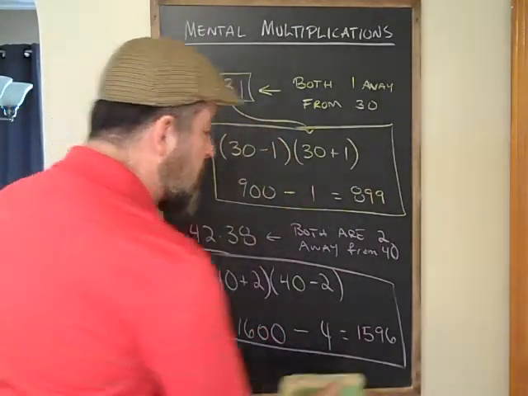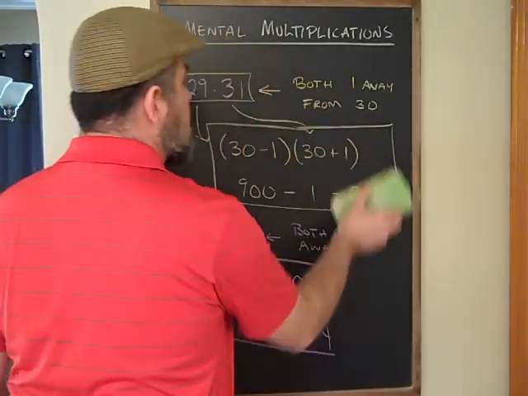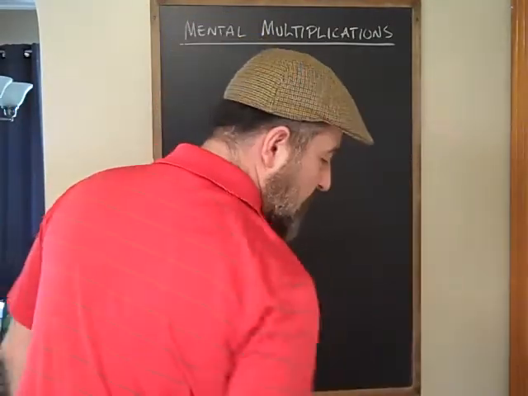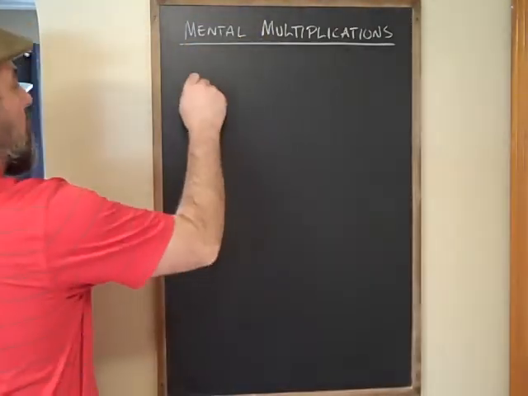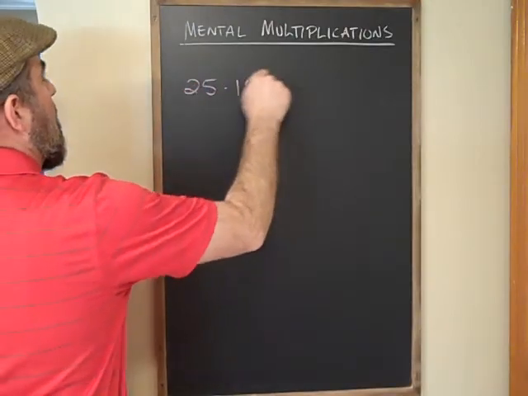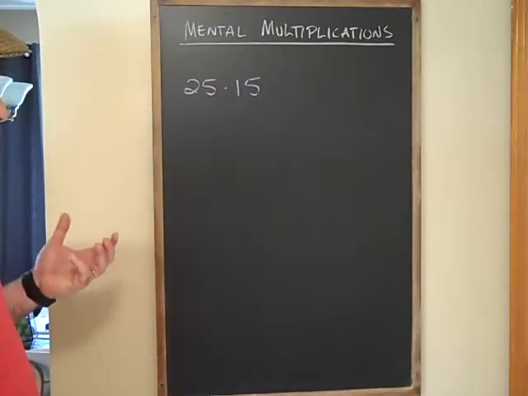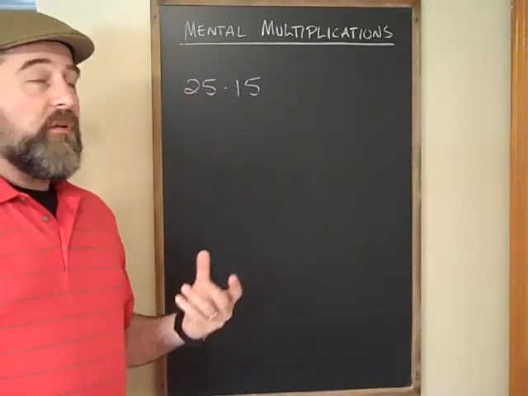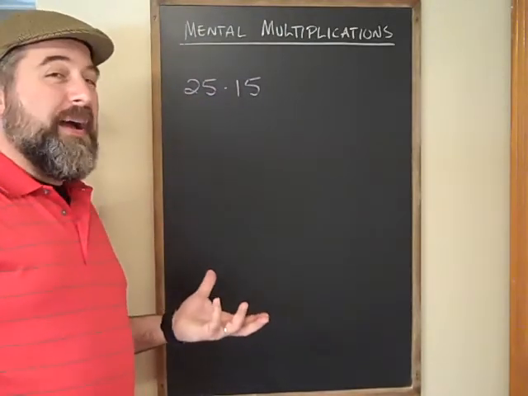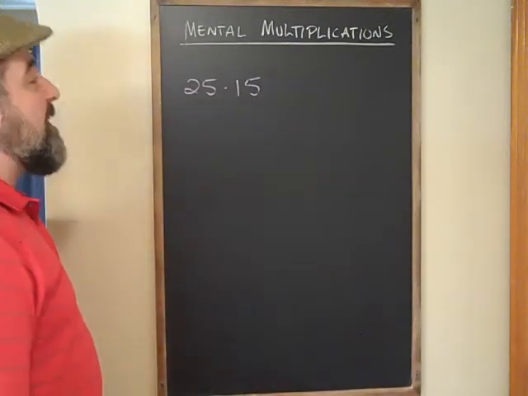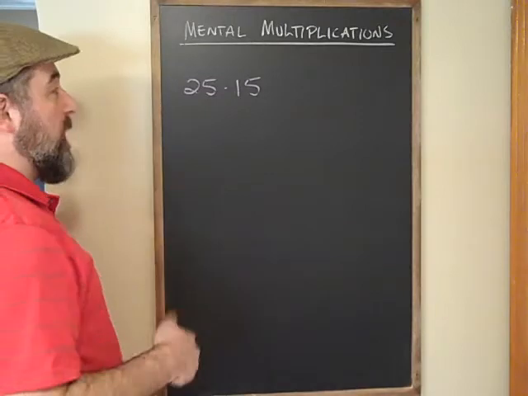Now we have one more example, 25 times 15. When we multiply these two, we have to realize they're both the same amount away from a certain number. They're both 5 away from 20.